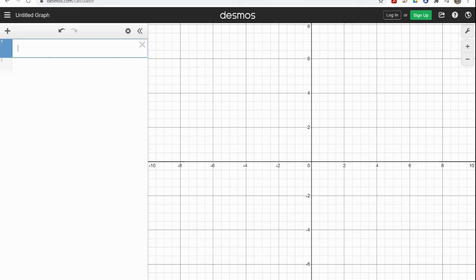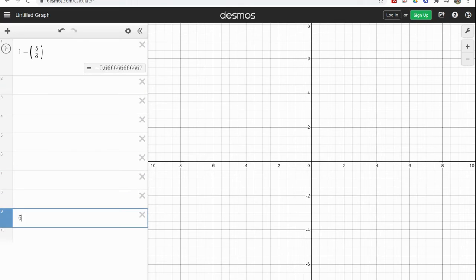So we want to know 1 minus parentheses 5/3, parentheses raised to the, we get some number there. I want to divide that right away, just because I'm going to have some decimals.